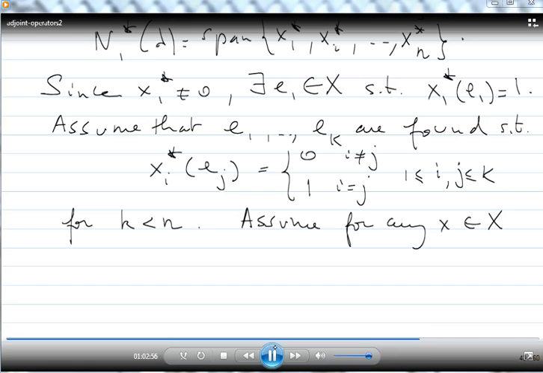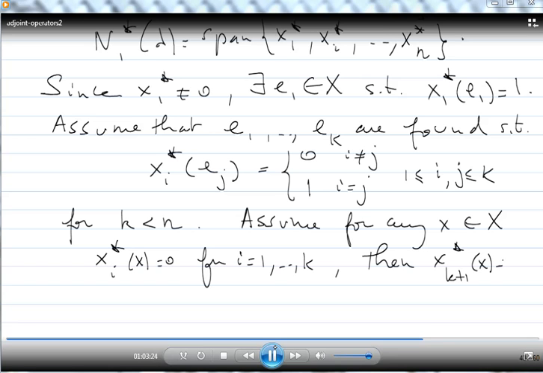So assume that for any x, whenever xi star of x equals 0 for i equals 1 all the way to k, then xk plus 1 star of x equals 0.